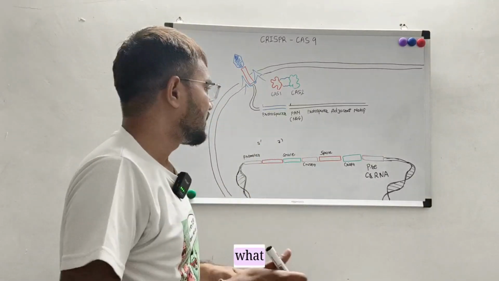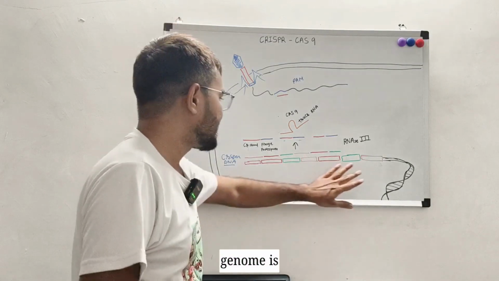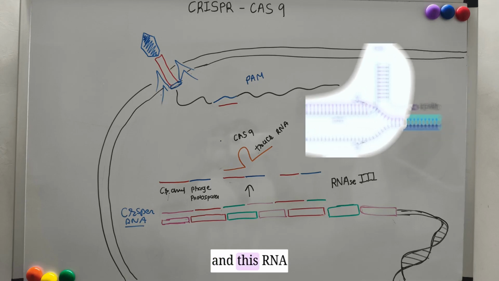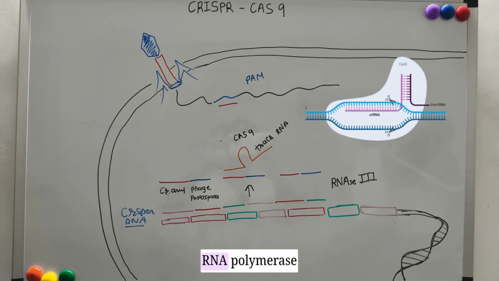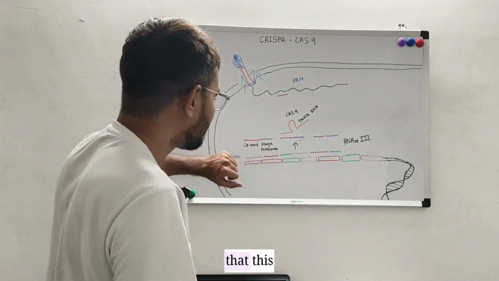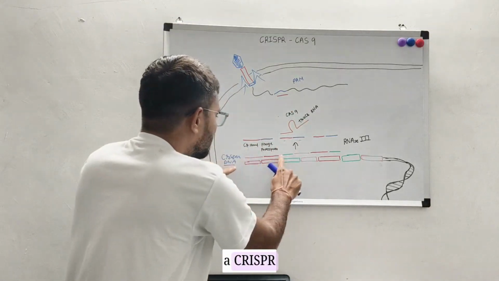Now, what happens next? We'll discuss. After spacer acquisition, the bacterial genome is further transcribed into RNA, and this RNA is called CRISPR-RNA. That transcription happens via RNA polymerase, which is already present in bacterial cells.